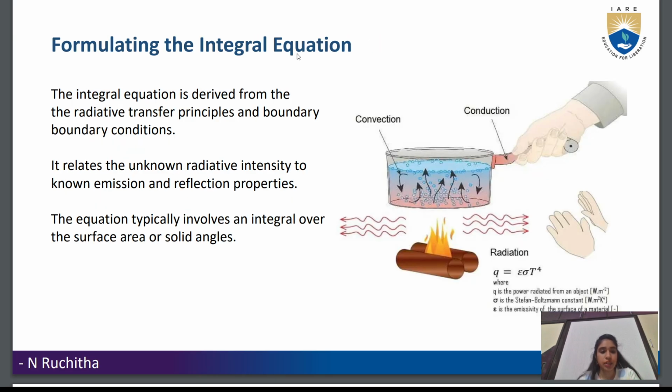Formulating the integral equation. Start from energy conservation and radiative transfer laws for surfaces. Use the radiosity and irradiation relationship. For media, derive the integral form of the radiative transfer equation.